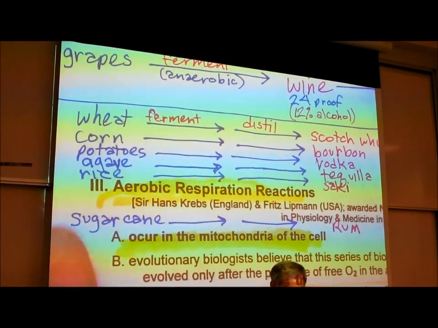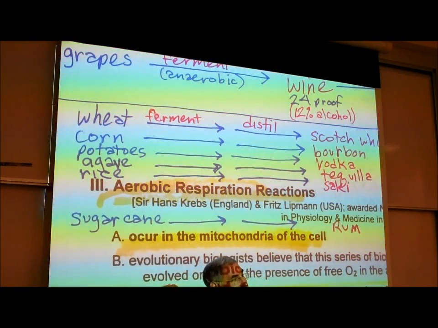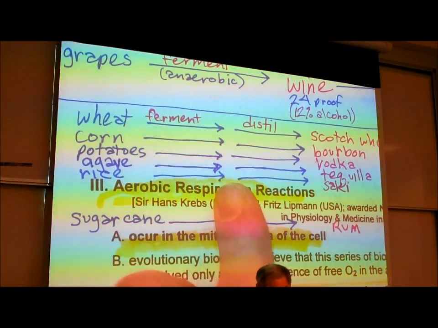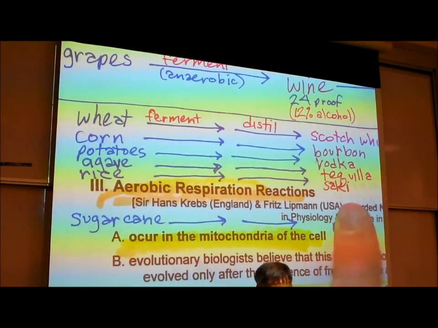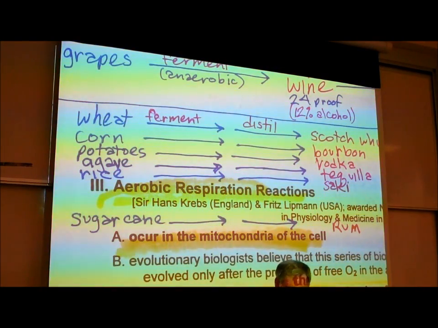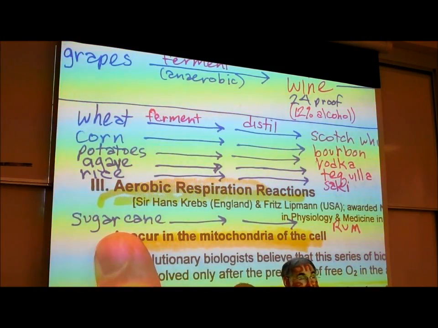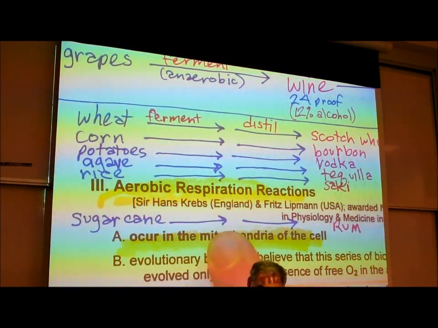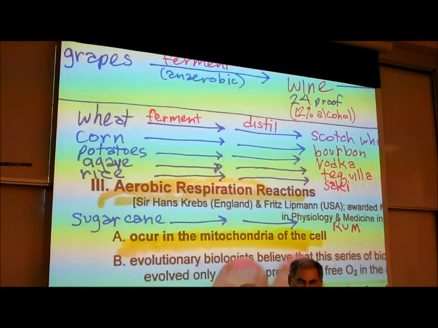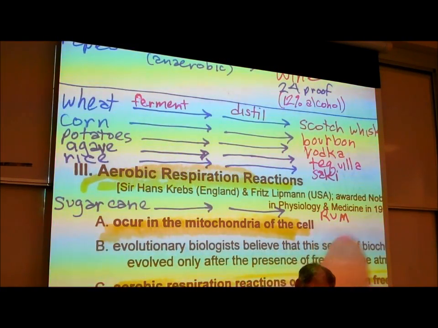If you took rice, which certainly has carbs in it, and distilled it, you get sake, which they obviously make in Japan. If you take sugar cane, which obviously has sugar in it, and ferment it and then distill it, concentrating it, you get rum, like from Jamaica.